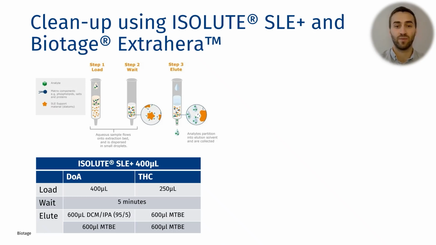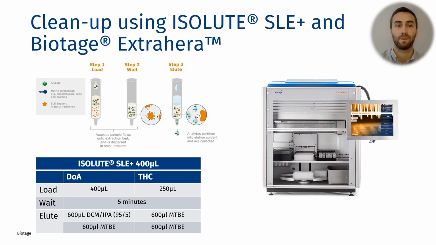Then after the wait, for the drugs of abuse, we eluted with a DCM IPA solution followed by an MTBE. The THC was eluted with 2 times MTBE. So the extraction, as I said, was automated on the Biotage Extrahera, which is our automated sample preparation system. Doing this just allowed us to improve the throughput of the method, and we will go through the results now.